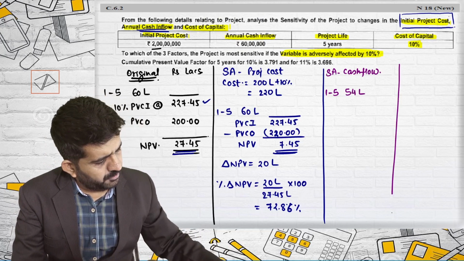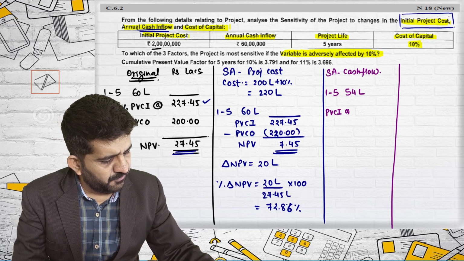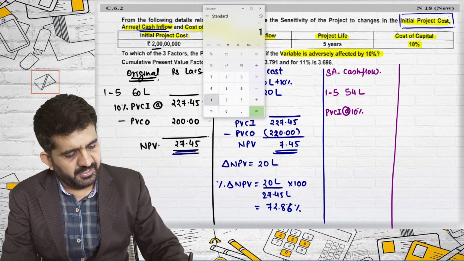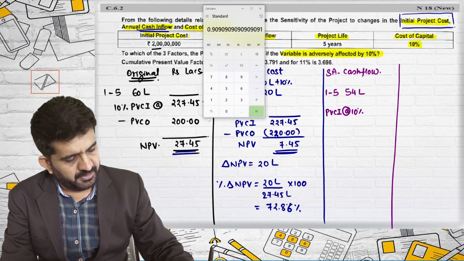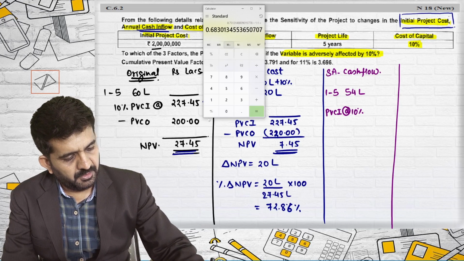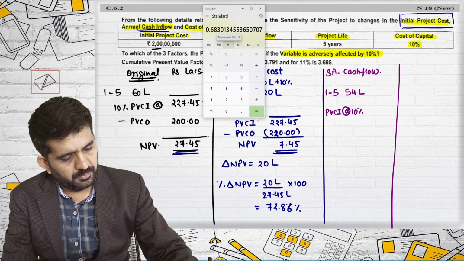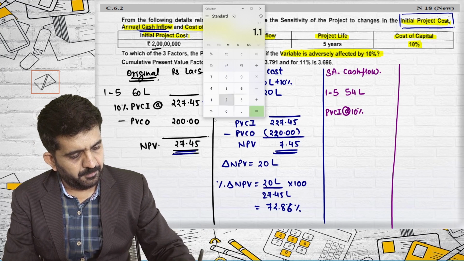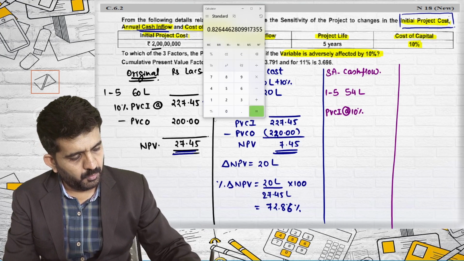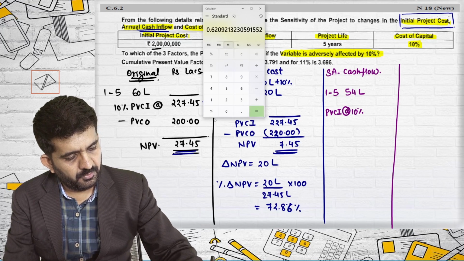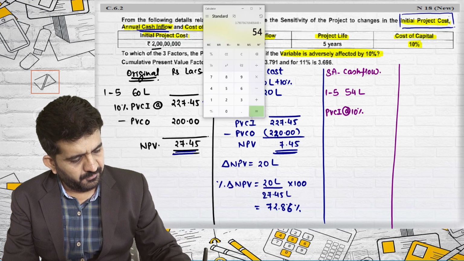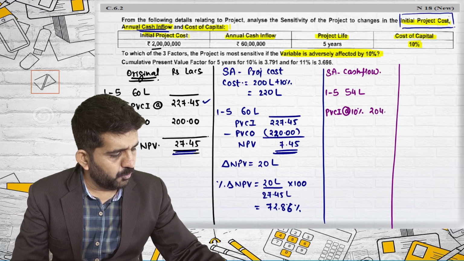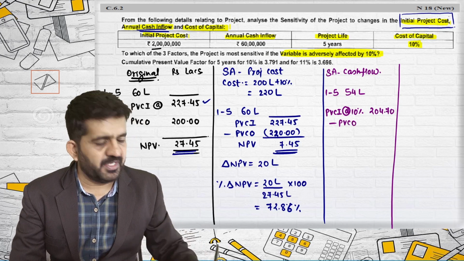I will be finding out present value of cash inflow at the rate of 10% of 54 lakhs. 1 divided by 1.1, and then 1, 2, 3, 4, 5, multiplied by 54, which is 204.70. 204.70 minus present value of cash outflow.